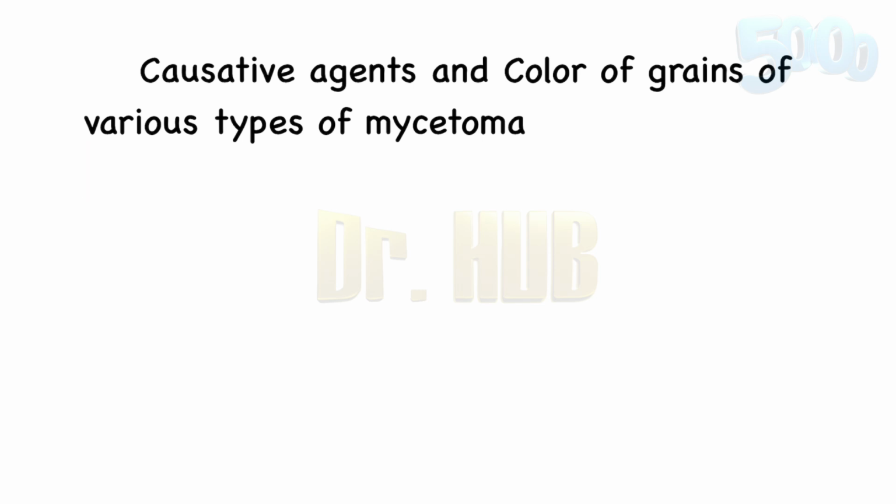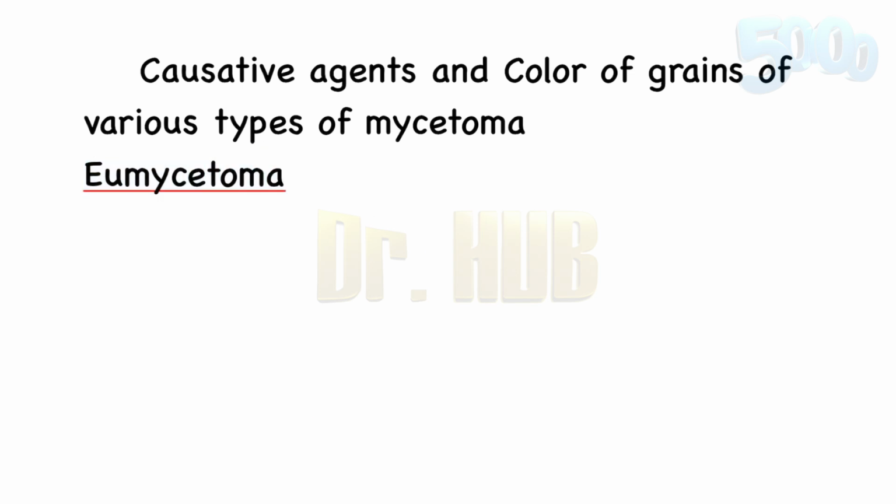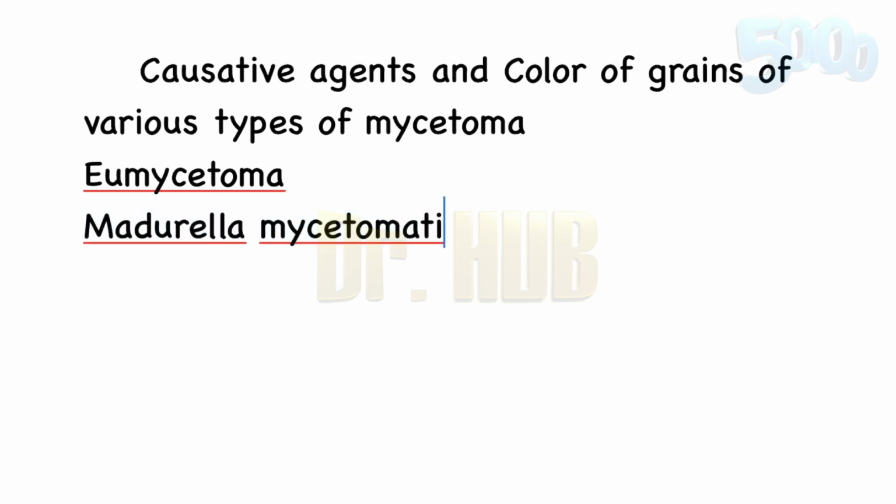So let's divide it into the eumycetoma. The first heading, under eumycetoma, includes the color of the grain black. So this includes Madurella mycetomatis. So it is Madurella mycetomatis. This is nothing but black in color.